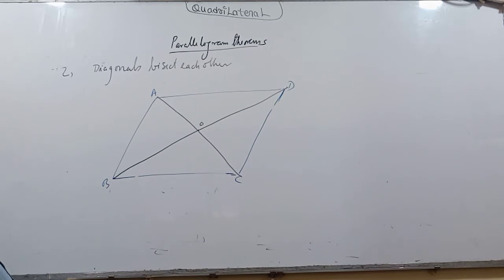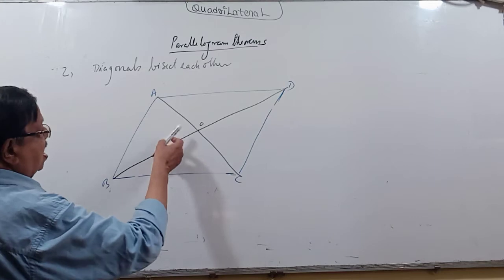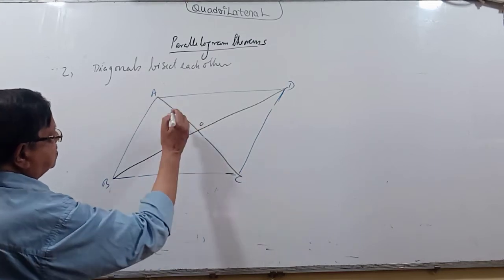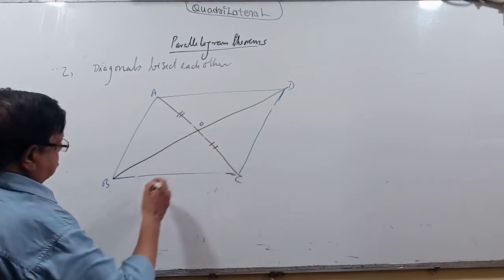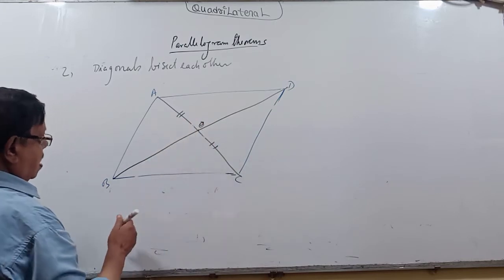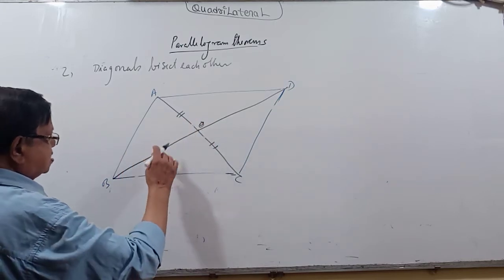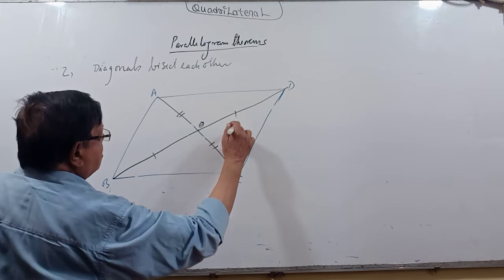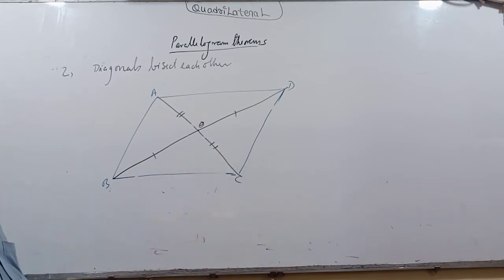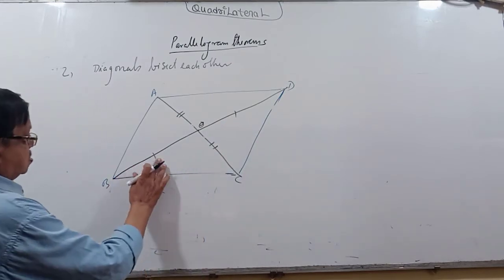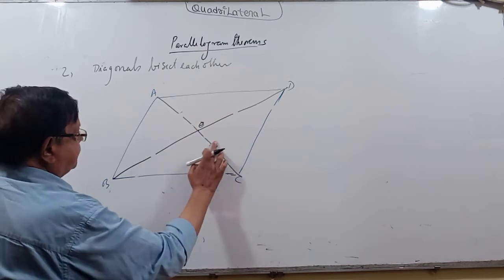The two diagonals bisect each other means this diagonal bisects this diagonal, meaning this is equal to this and this is equal to this. That we have to prove. Diagonals bisect each other.